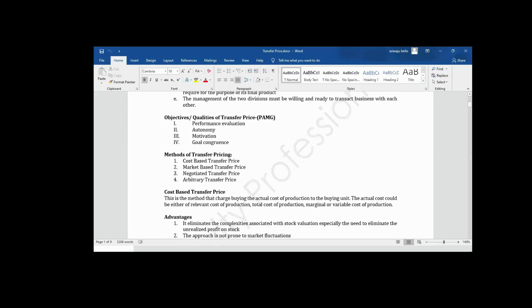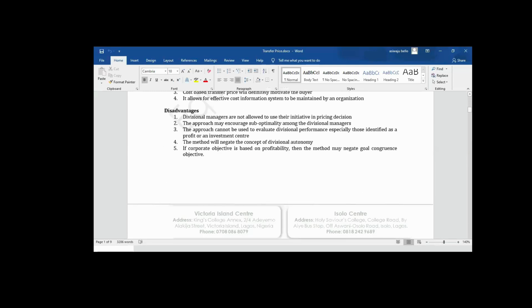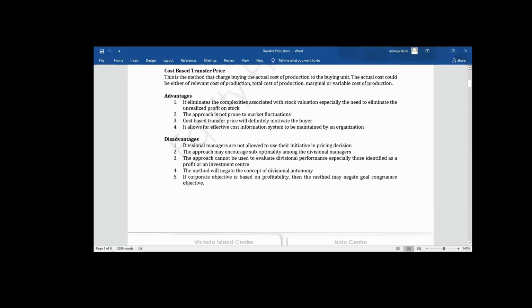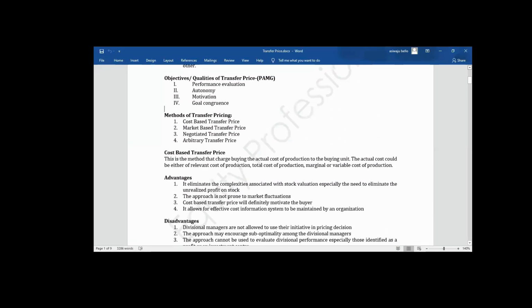Our next discussion, methods of transfer pricing. One, cost-based transfer price.